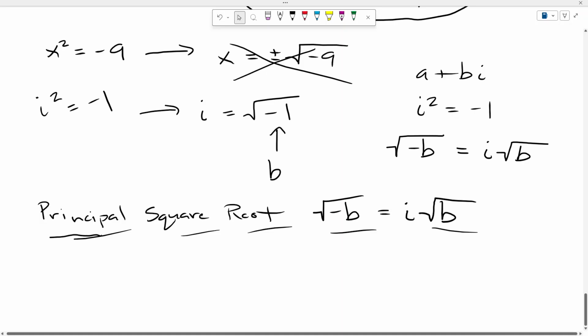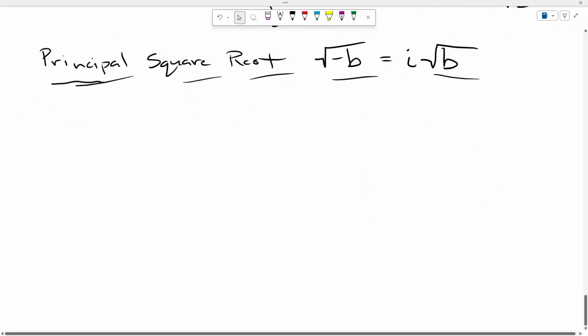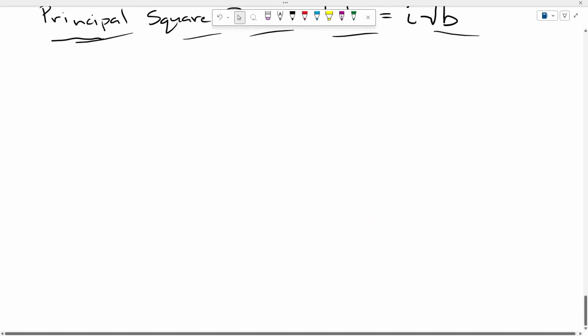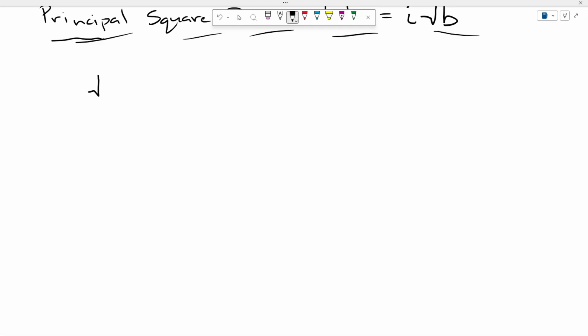So just to see that with an actual number instead of using b, if you saw the square root of negative 16, we can't take the square root of a negative, but using the principal square root rule, we can change that to i times the square root of positive 16, which can be further simplified too, because we know the square root of 16 is 4.